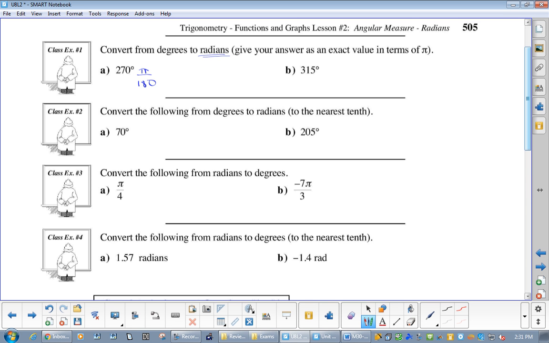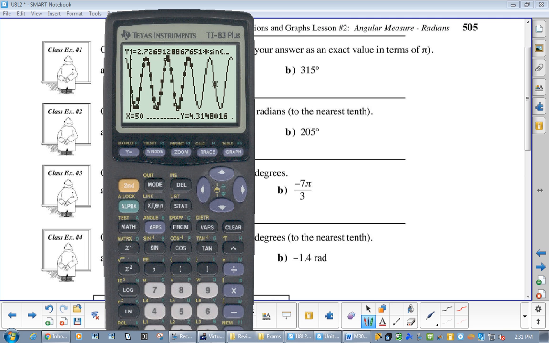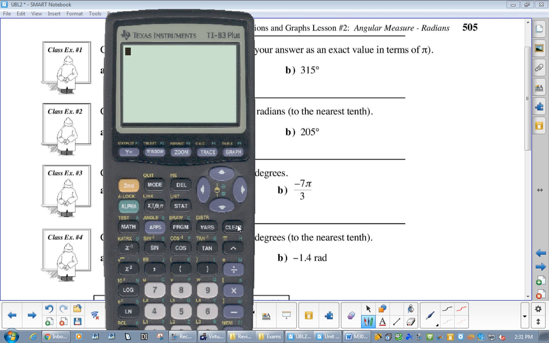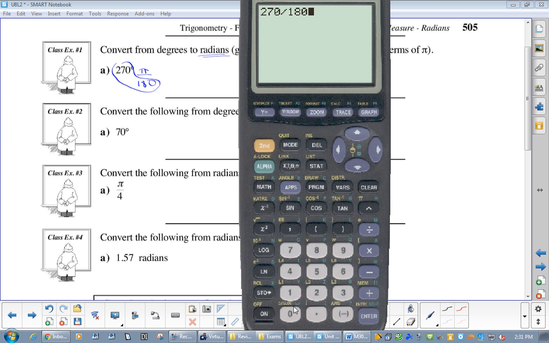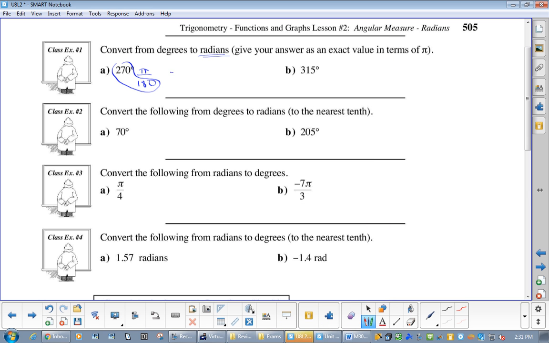With your calculator, take 270 divided by 180. Do not mess with the pi. Leave it there and just go math, enter, enter. The answer is 3 pi over 2, and if you look on your unit circle, it's 3 pi over 2.